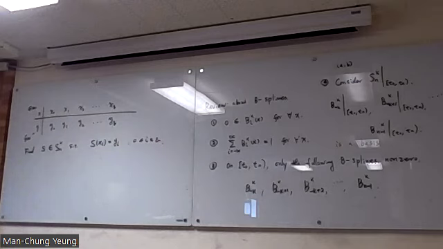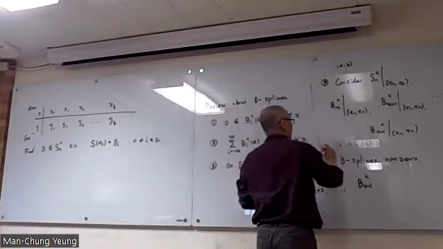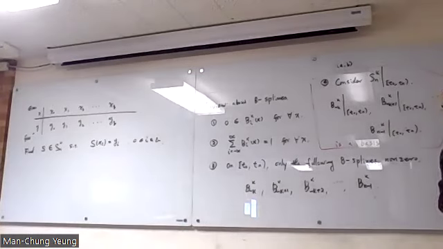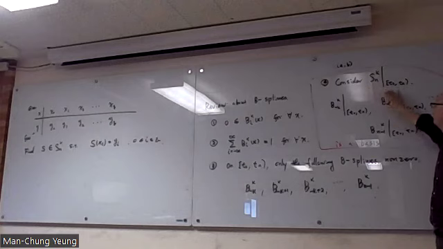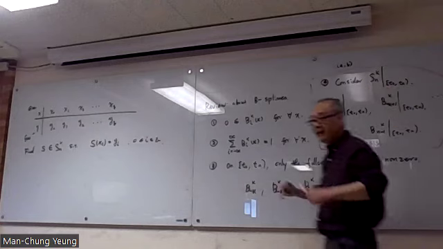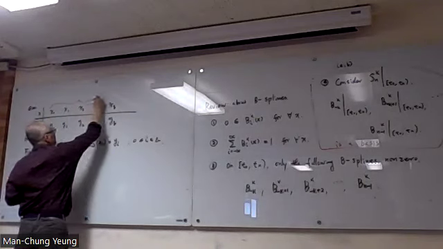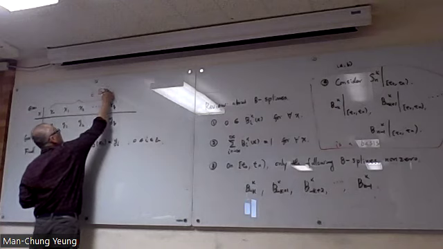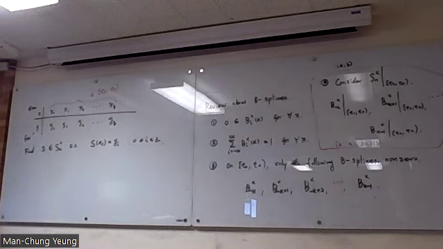Because I want to use this property, which restricts the function to this interval, let me make an assumption. Assume these nodes are in this space.